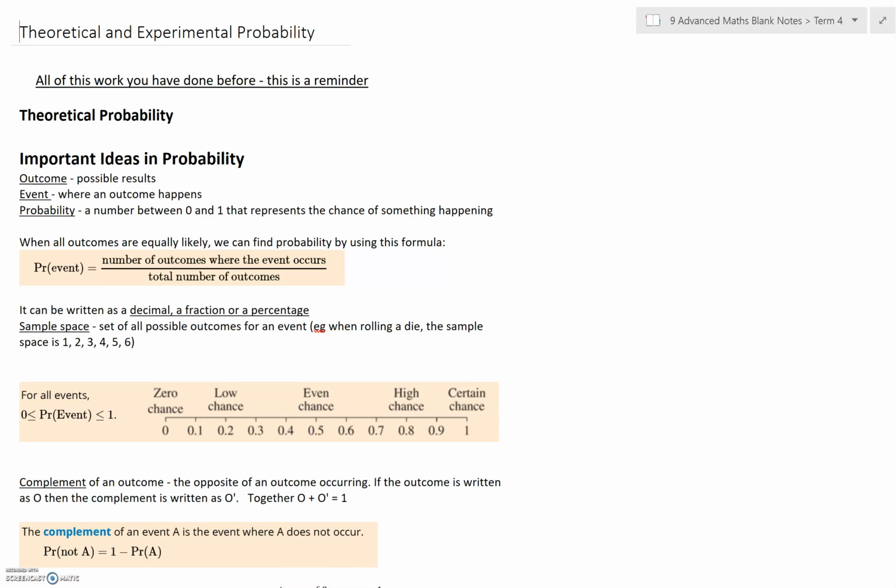Now, probability can be written as a percentage, a fraction, or even a decimal. And all of those are perfectly valid ways to write probability. And if you have a look down here, you can see that this is the way that the terminology is used.